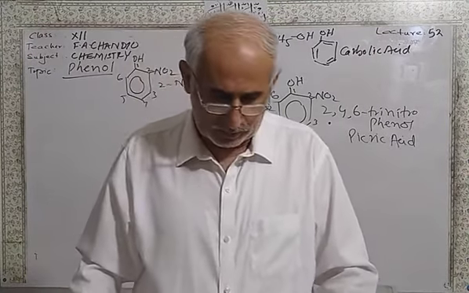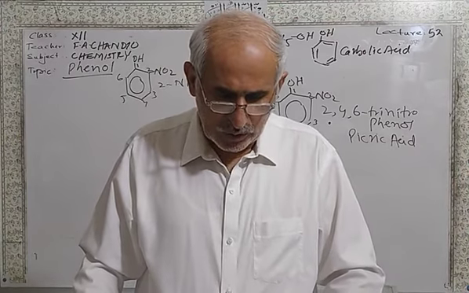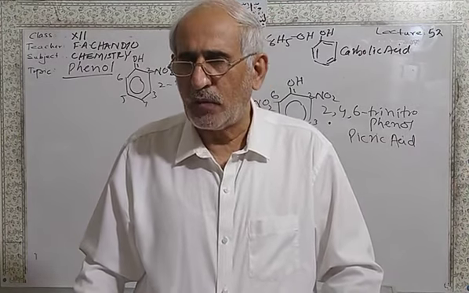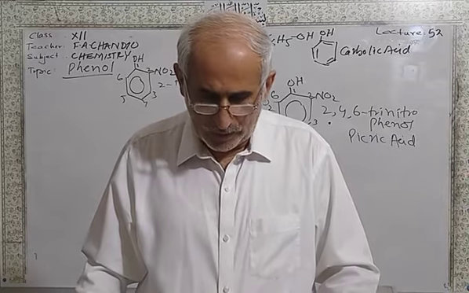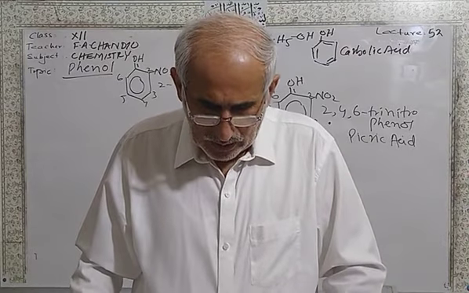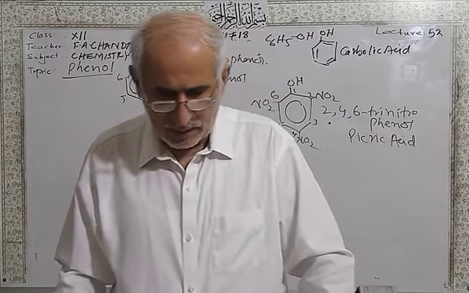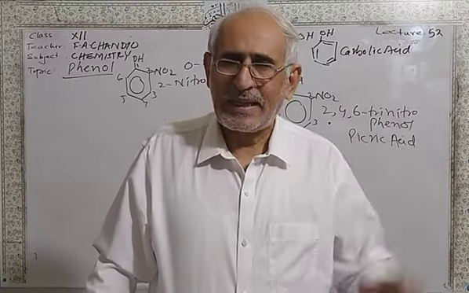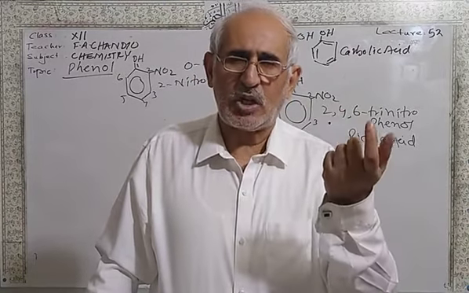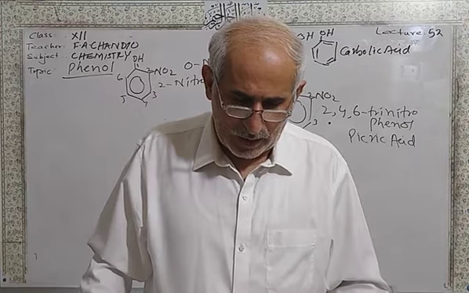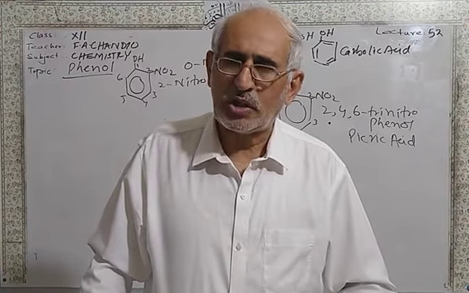OH group. I told you that it is a crystalline form, melting point 41, boiling point 182 degrees Celsius. It is sparingly soluble in cold water to give a pink solution.